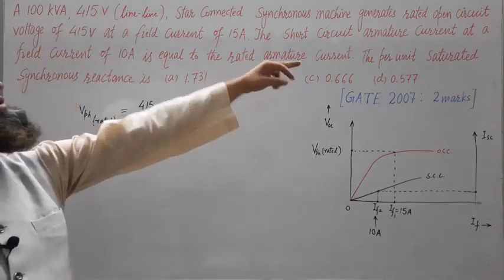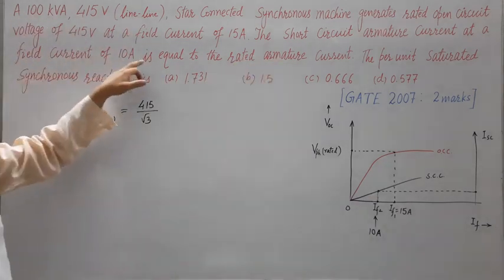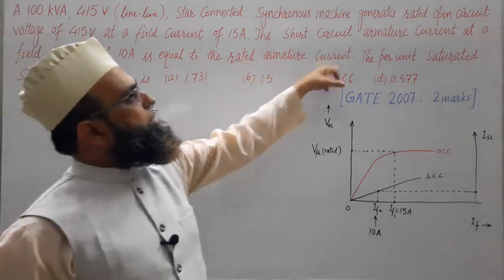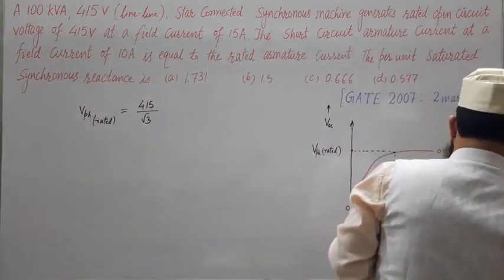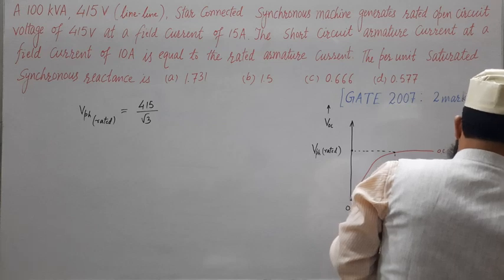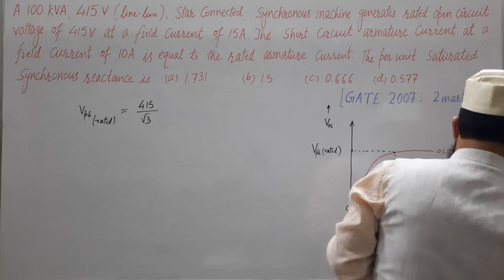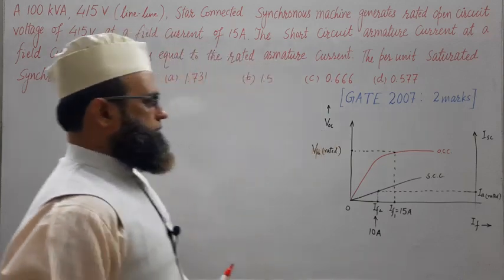The short circuit armature current at a field current of 10 ampere is equal to the rated armature current. So this is IA rated, fine.